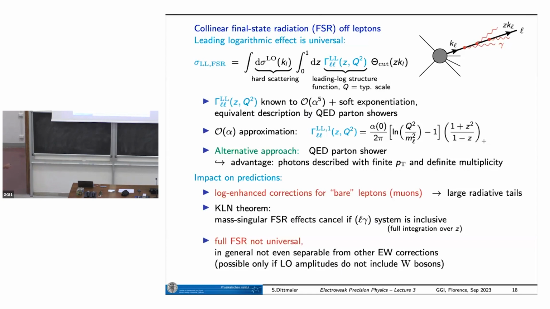Let's look into this picture, and already in the picture you see kinematically, or it is indicated, what one source of this specific enhancement of this type of corrections really is, and this is this kind of forward scattering of photons.